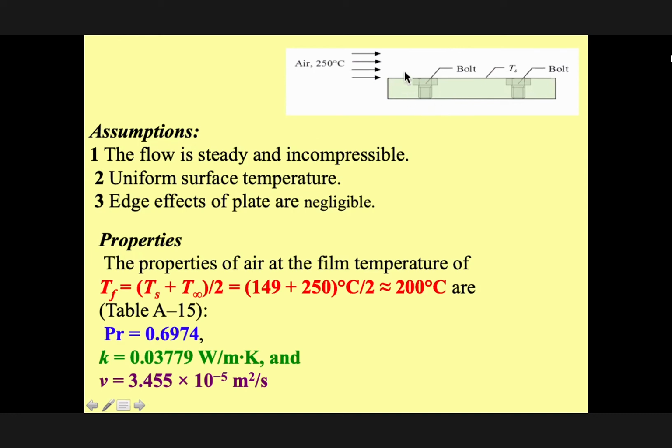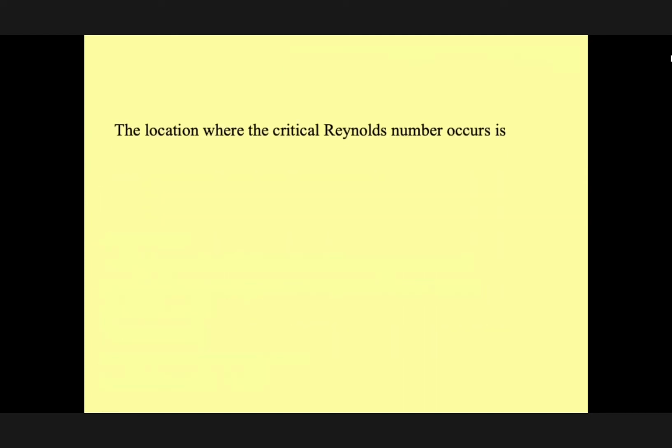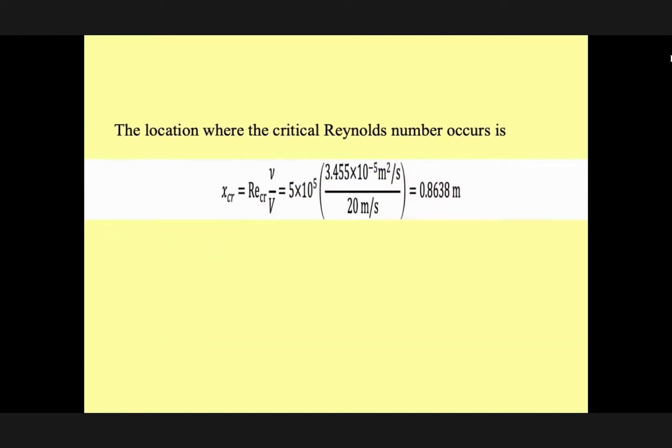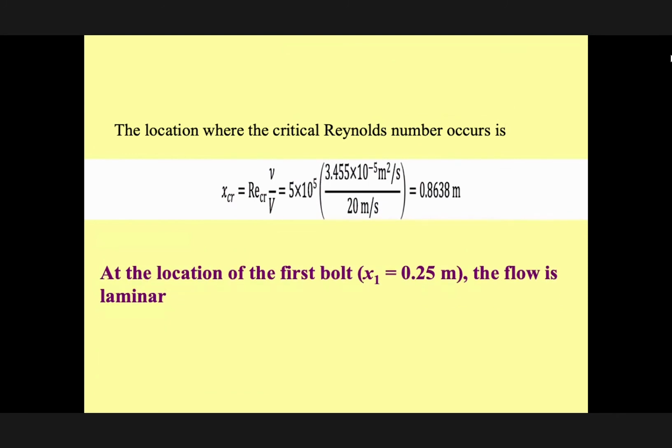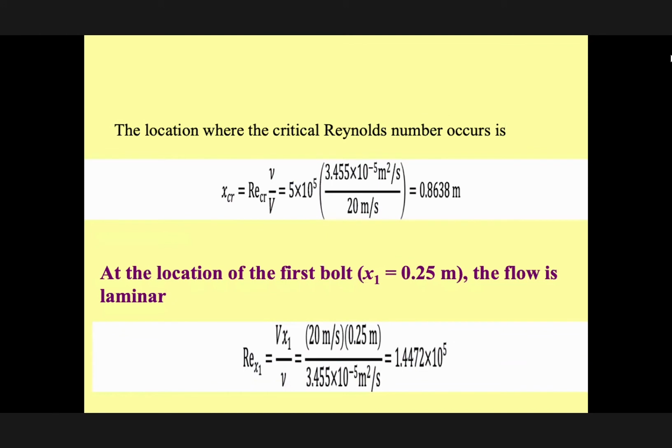Therefore, for this one, I can use the equation for the local Nusselt number, assuming it's laminar. It means 0.332, Reynolds number to the 0.5, and so on, okay? Therefore, here we go back, and we use this one. And therefore, we know the location here is laminar, and I will use the laminar equation here.